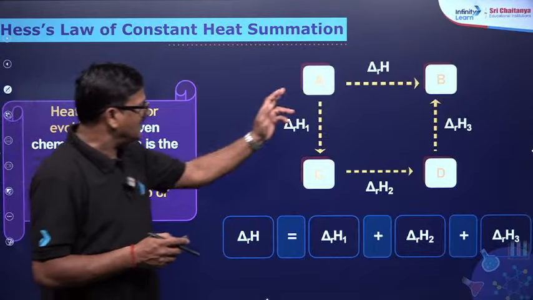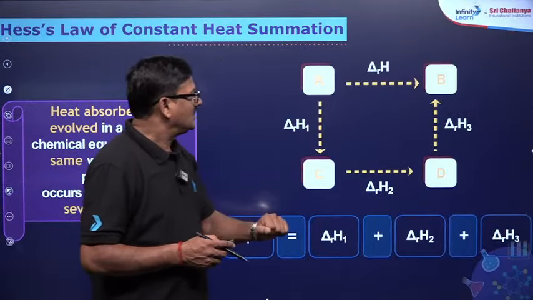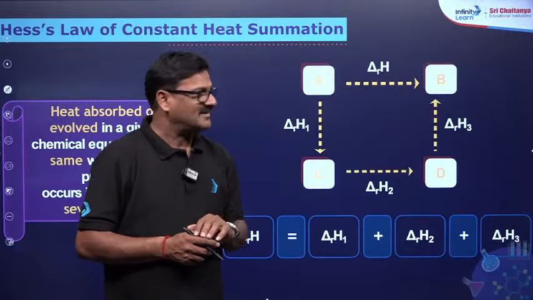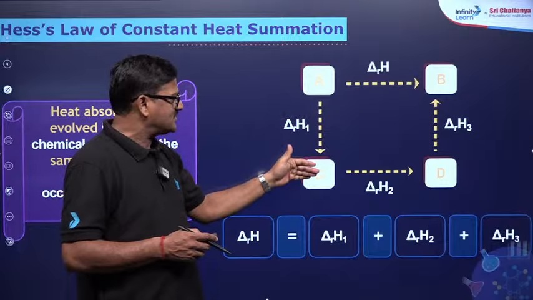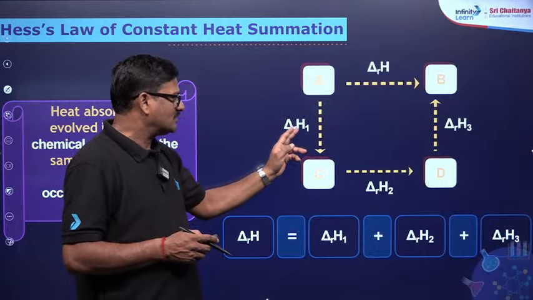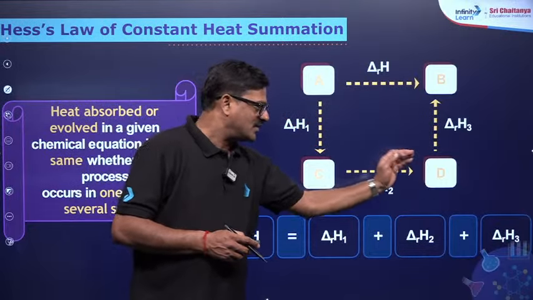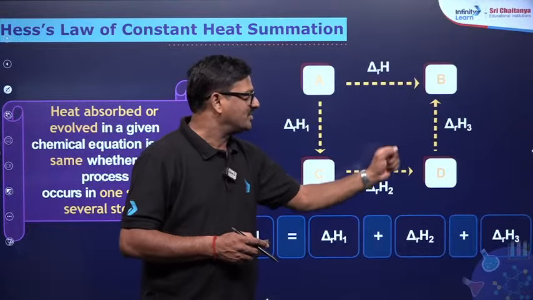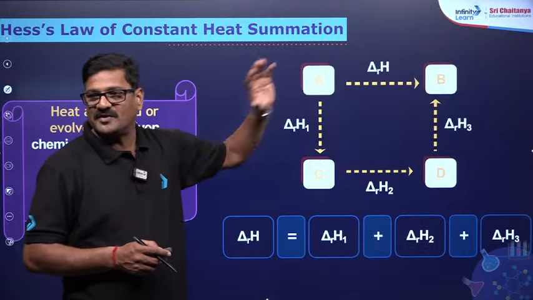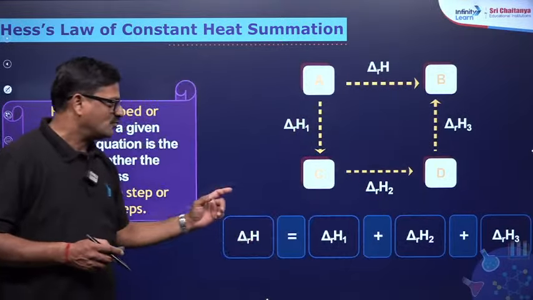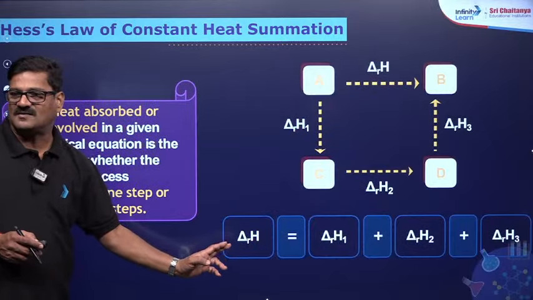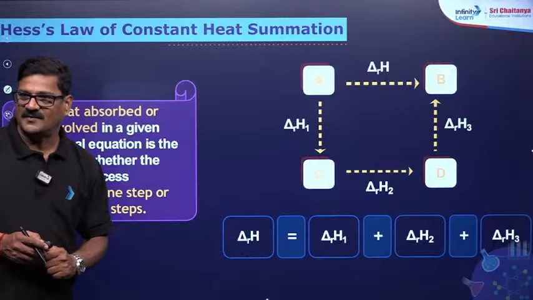Let us say A gives rise to B, so the enthalpy of reaction is there. In multiple steps, A can give rise to C with H1, C can give rise to D with H2, D can give rise to B with H3. So the enthalpy of reaction is the sum of H1, H2, H3. That is what is called Hess's law of constant heat summation, right?